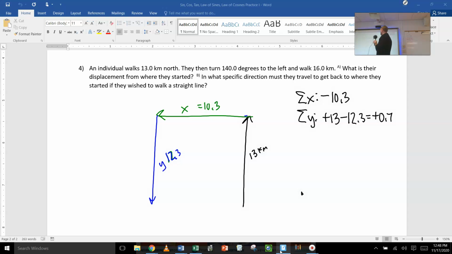So I end up replacing this 13 and this 12.3. In reality, when it's all said and done, I end up going to the left 10.3, and I end up going north 0.7.